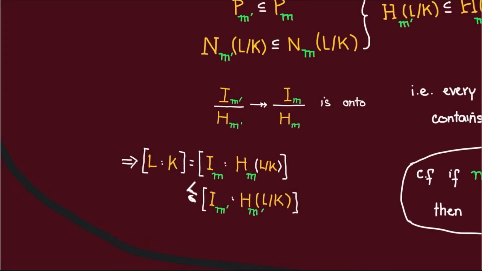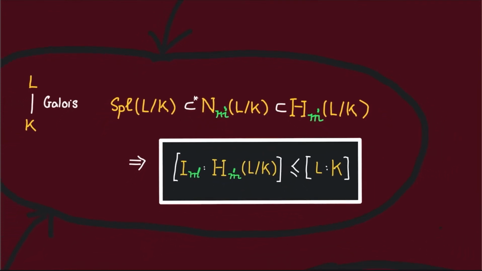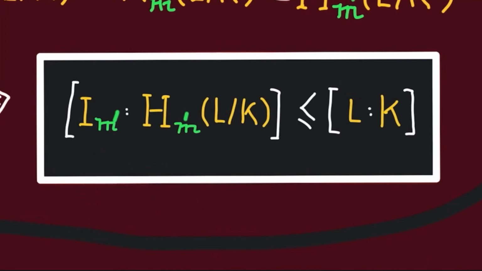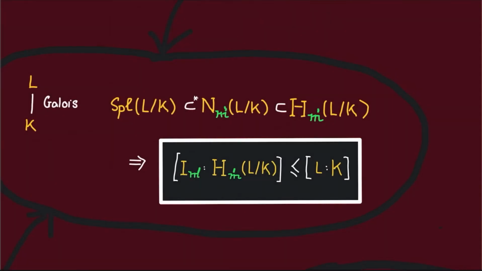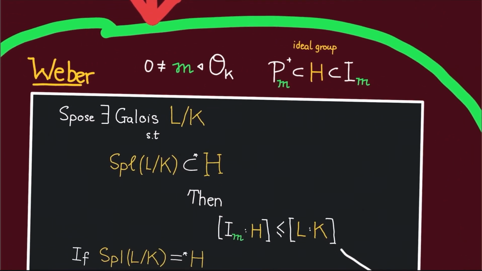But now, recall that previously we have established that for the norm subgroup associated to any modulus m prime, the index of H_m prime inside I_m prime should be less than or equal to the degree of L over K. This comes from Weber's generalization of Dirichlet's theorem.